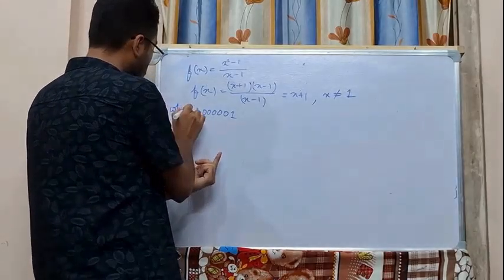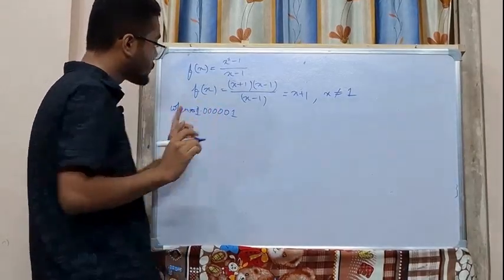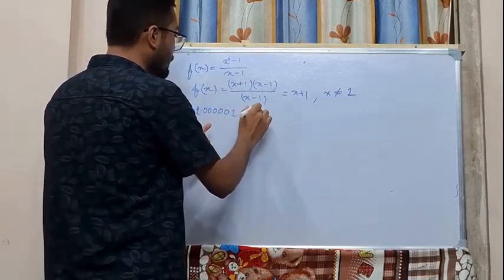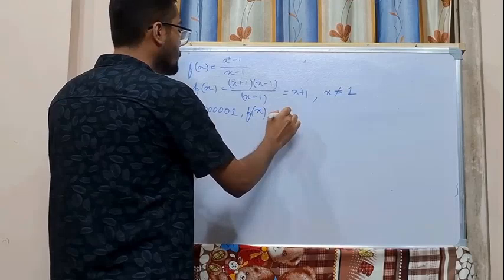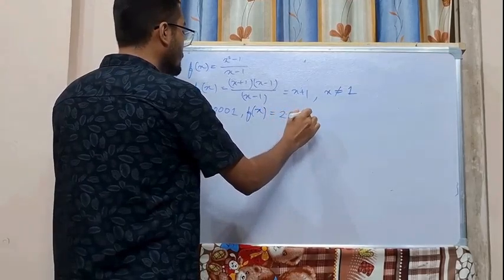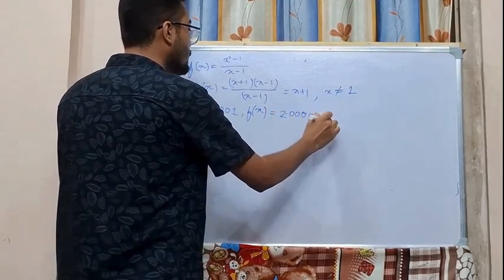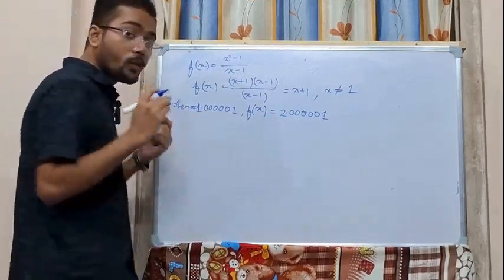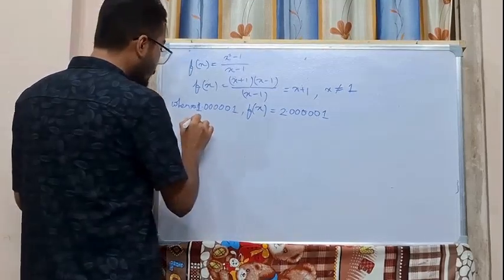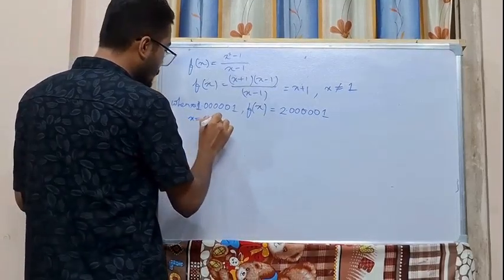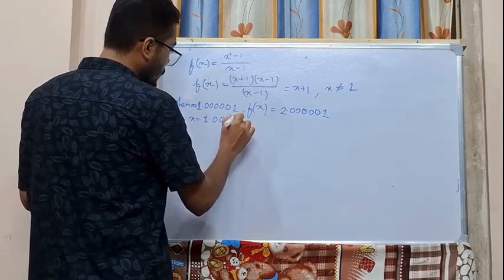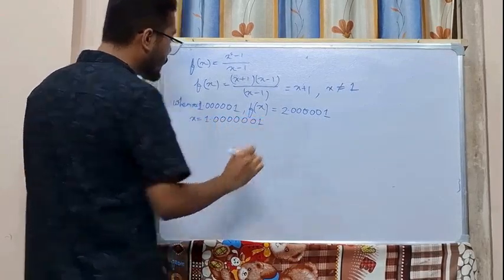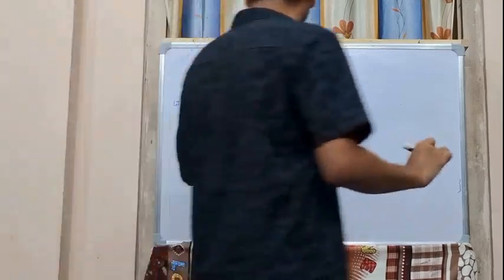When x is equal to this, f(x) will be 2.000001, right? We decrease the value of the extra part of 1.